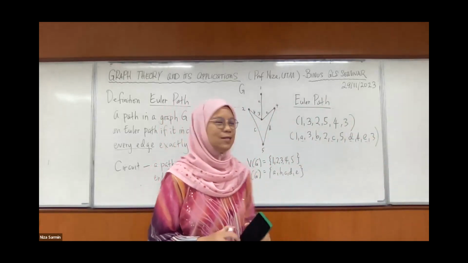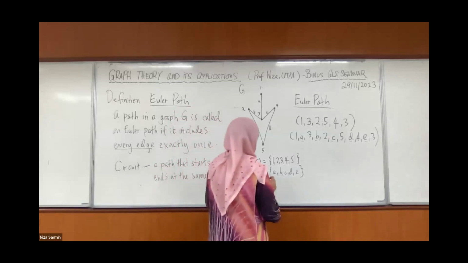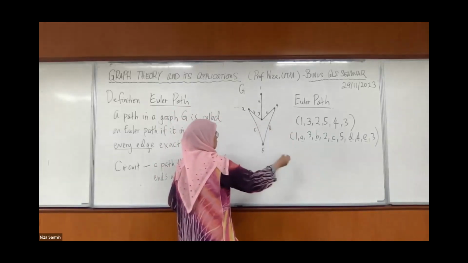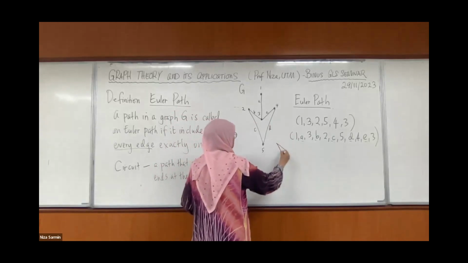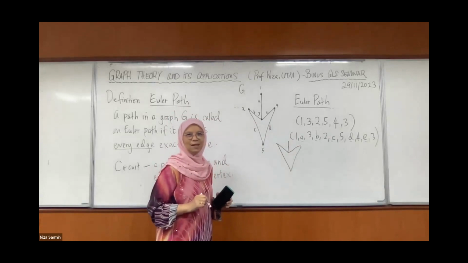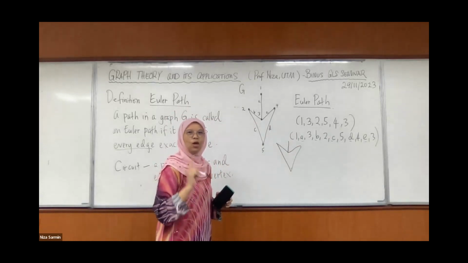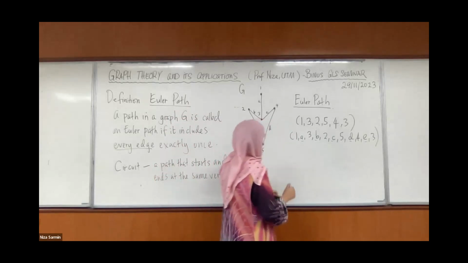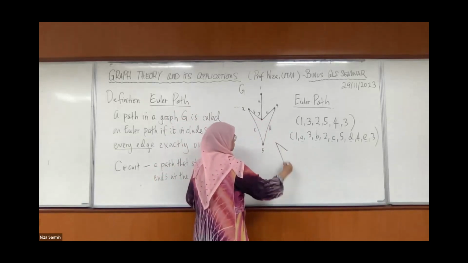So there are two ways. You can also start from here. If I draw like this, I can also get an Euler path. I can start from 3.